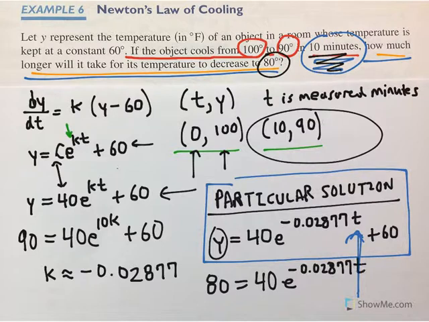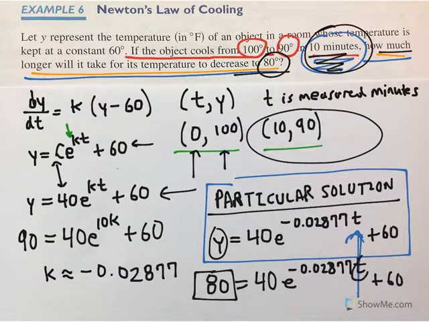So let's take a look at how that is done. And then when we have t, that'll tell us the time at which the temperature will be 80 degrees. But the question is asking how much longer from t equal to 10 minutes will the temperature decrease to 80 degrees. So we get the time, and from that we need to subtract 10 to answer the question.